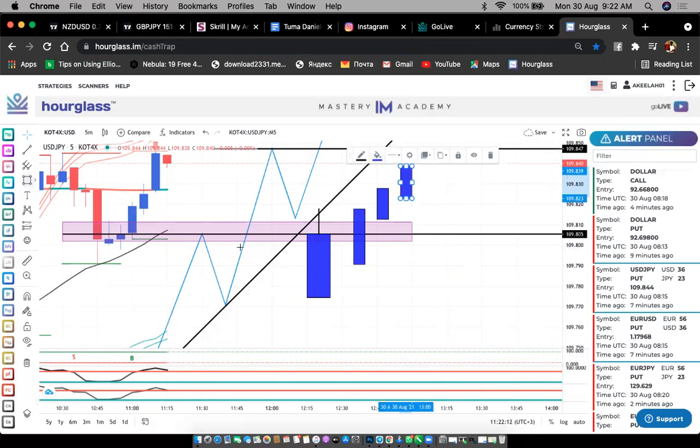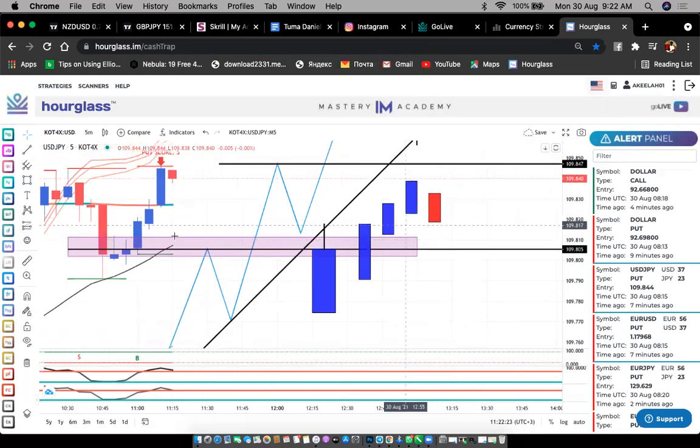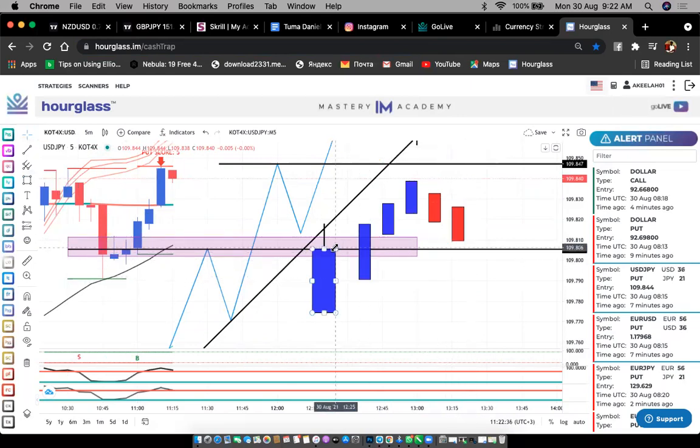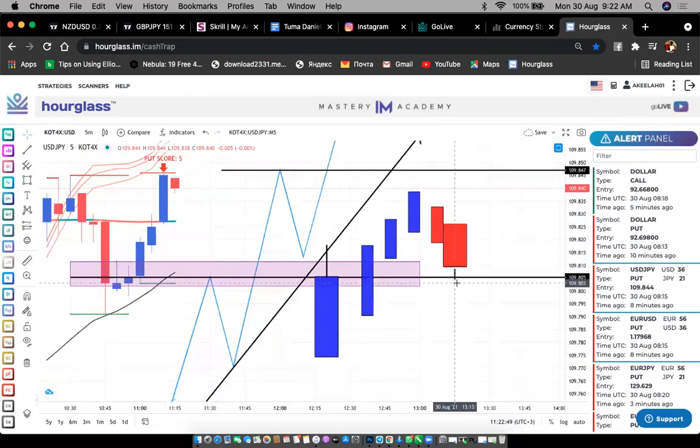Then eventually it's going to start coming down. You'll now be seeing red candles. It will come down. So when it's coming down, you still have another thing to look out for: a rejection.